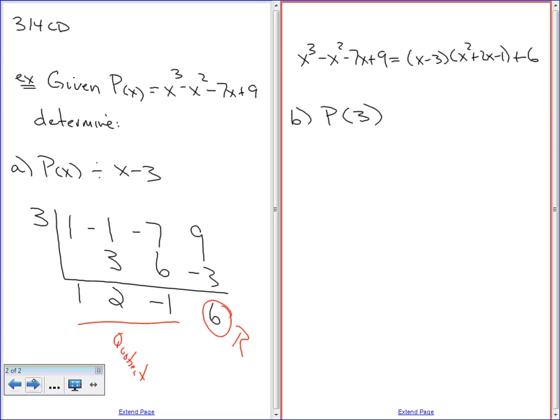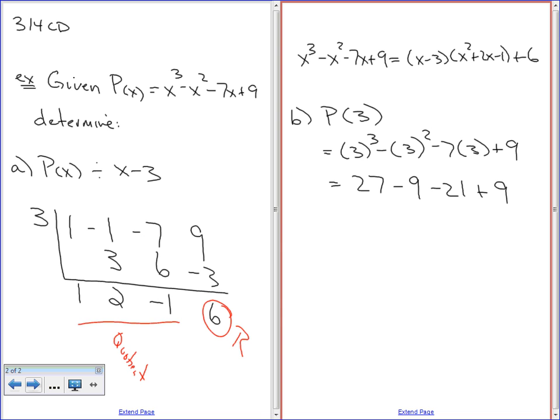P at 3. Every time you see an x in the polynomial, right? Excellent. Okay. So I'm going to figure out p at 3 by substituting a 3 and proper BEDMAS. I'm getting people on tests not using BEDMAS. Make sure that you do.